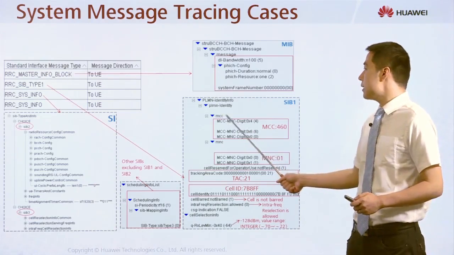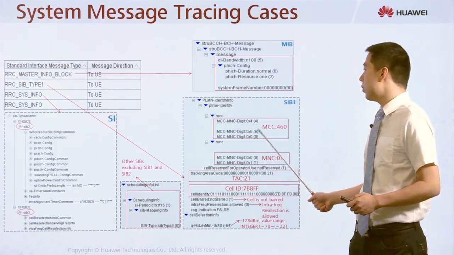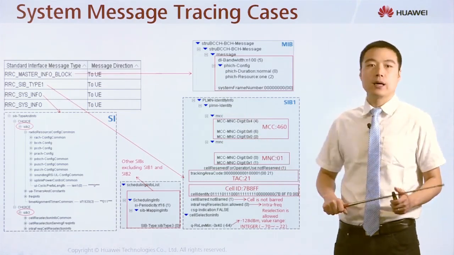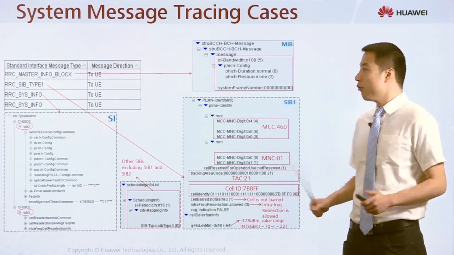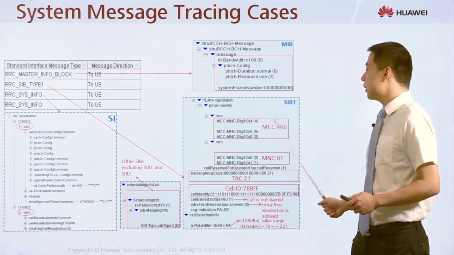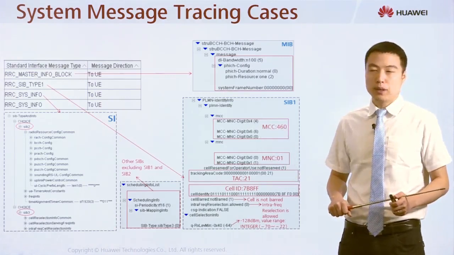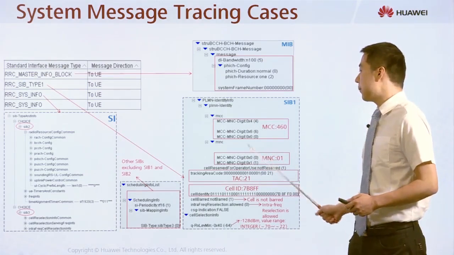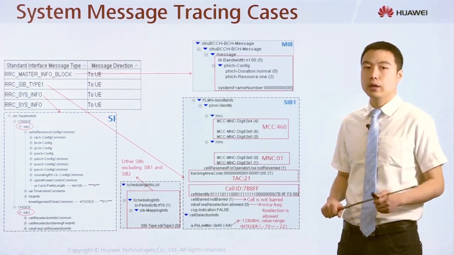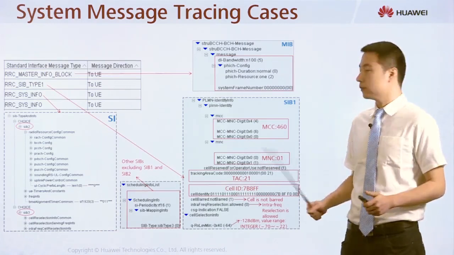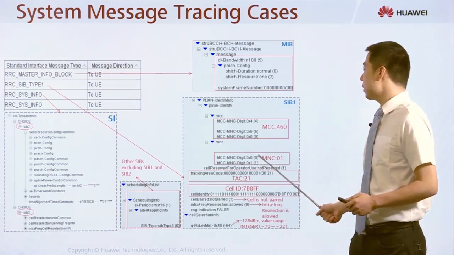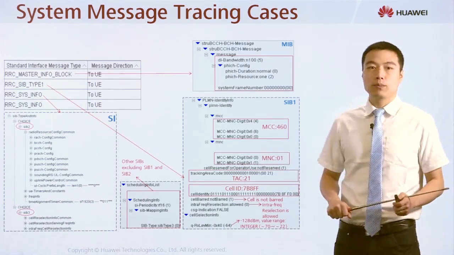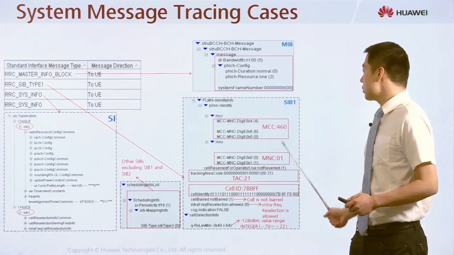Here MCC equals 460. The mobile country code uses these 3 digits to indicate a country all over the world. 460, this code is for China. And the mobile network code, MNC, uses 2 numbers to indicate an operator within this country. In this example, it's 01, which means China Mobile. 46001.